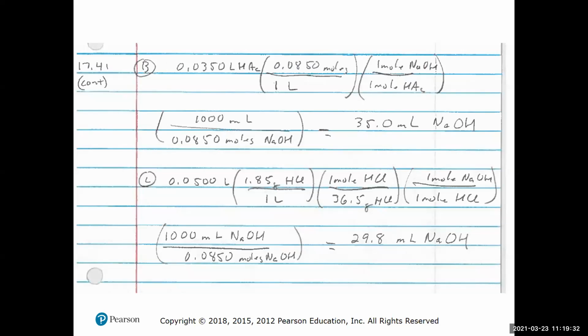We then know 1 mole of HCl reacts with 1 mole of sodium hydroxide. So now we're into moles of sodium hydroxide. Then similar to what we did previously, we use that molar concentration. In this case, we're trying to get to milliliters. So we're going to use 1,000 mils in the numerator, moles in the denominator. And then if we do all that math, we see it's 29.8 mils of sodium hydroxide.